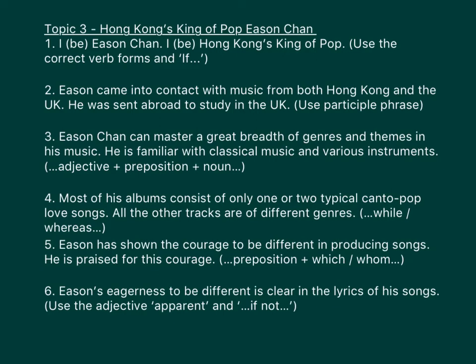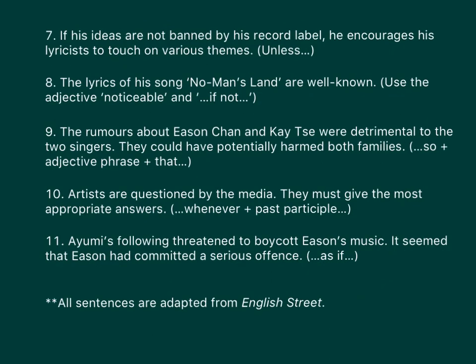Go through them one by one, and the answers will be displayed on screen 3. This is screen 2. You can stop the video while you work on them, and when you're finished, resume play and the answers will be displayed.